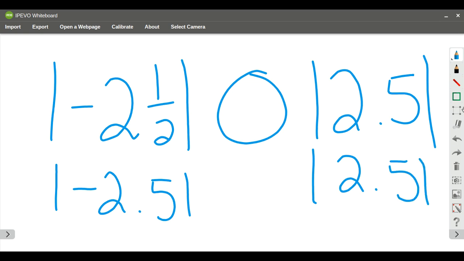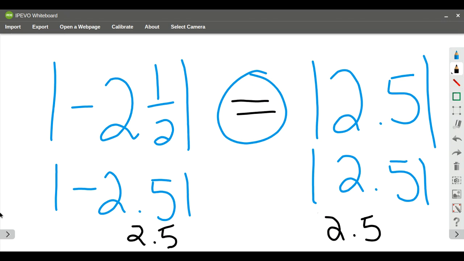Now I need to find the absolute values. So the absolute value for the positive 2 and 5/10 stays the same because it's a positive number. It's 2.5 away from 0. Again, I'm finding that absolute value before I do that comparison. And then the absolute value of negative 2.5 is going to be 2.5. Now I compare. 2.5 is equal to 2.5.